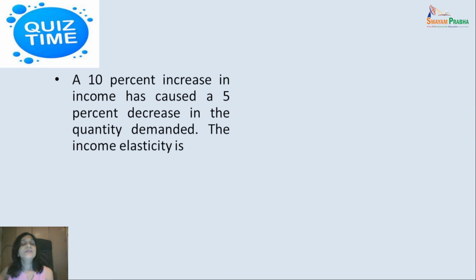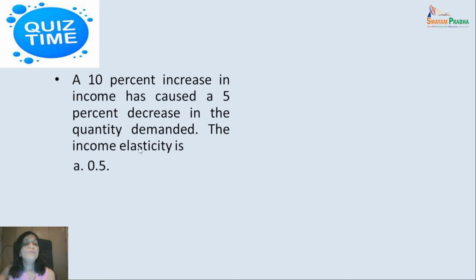So let us do a small quiz based on income and cross elasticity. Look at this question very carefully. There is a 10% increase in income, and it has caused a 5% decrease in quantity demanded. Therefore, the income elasticity will be, how do we calculate income elasticity? It is percentage change in demand divided by percentage change in income.